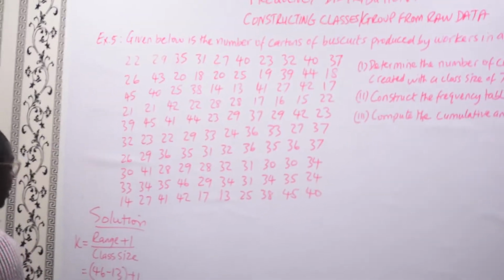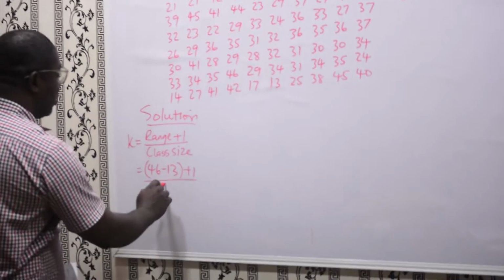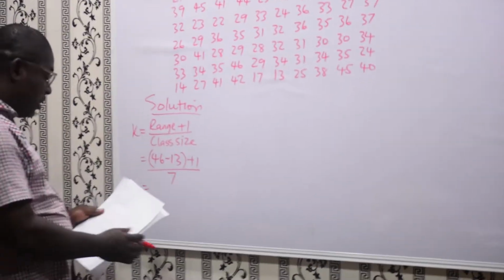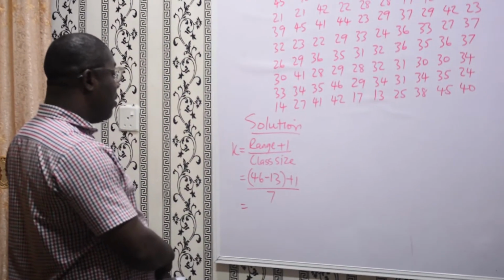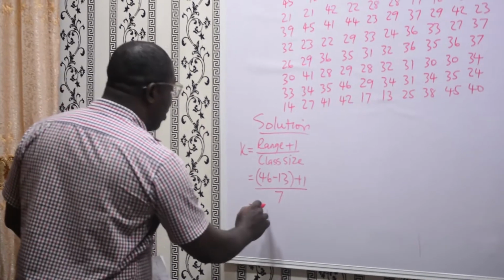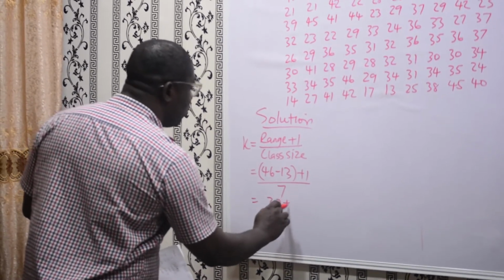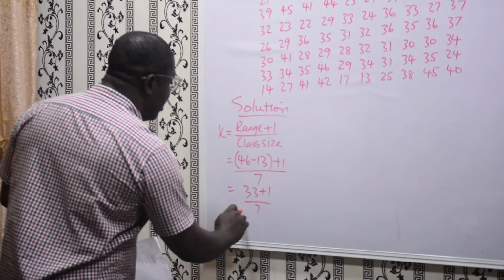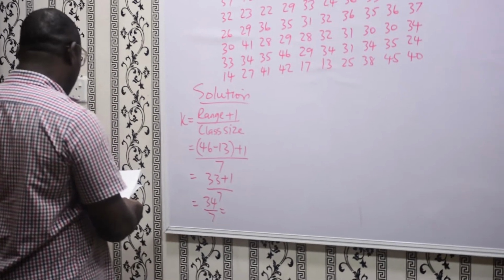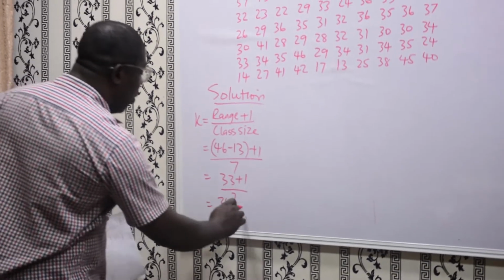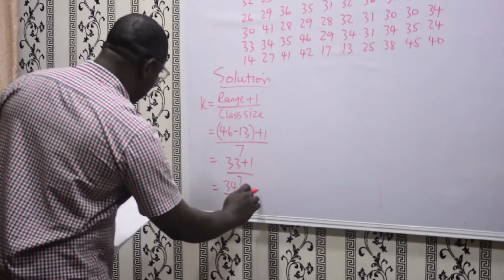So we have 46 minus 13, which will give us 33. So we're going to have 33 plus 1 divided by the class size, which from this question is 7. That gives us 34 divided by 7, and that will be 4.8.